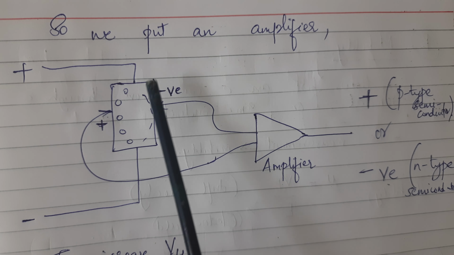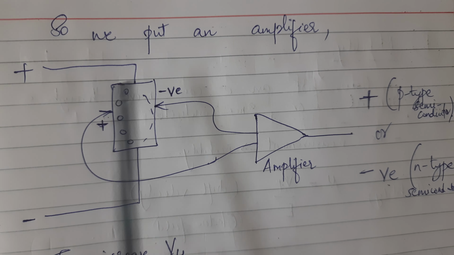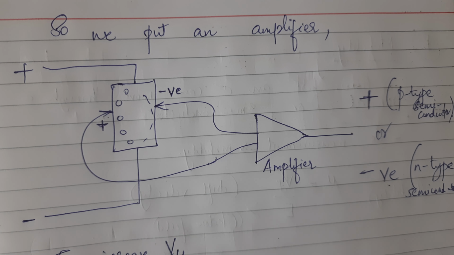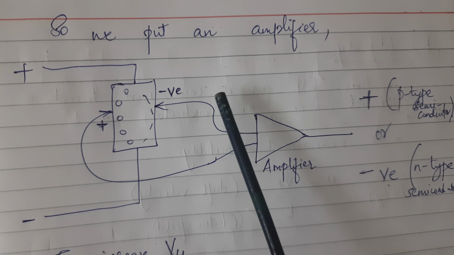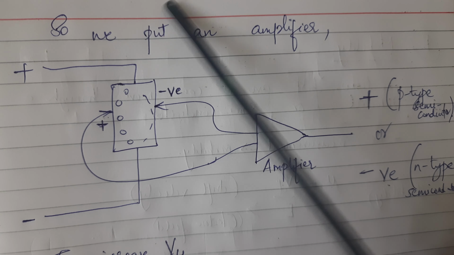If we want to increase that voltage, we can increase the current flow. If we are increasing the current flow, the voltage will increase. And if we increase the strength of the magnet, if we put a magnet with a higher power, then the Hall voltage will also increase.